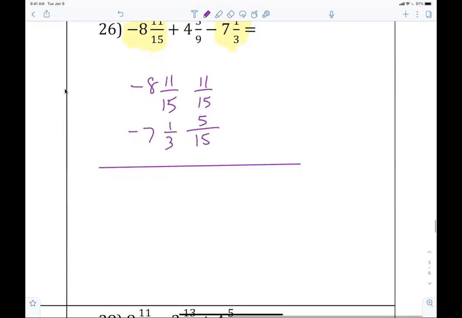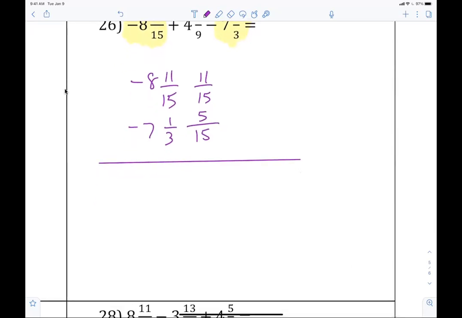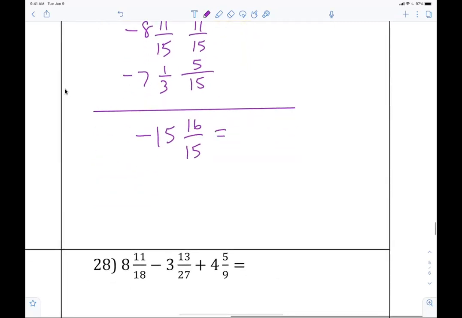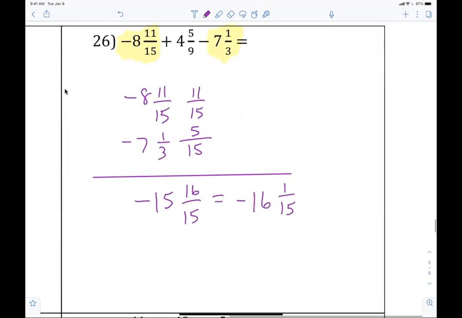Good. And so you get negative 15 and 16/15. So we can simplify that to negative 16 and 1/15. Perfect. Okay, so now we're looking at that.